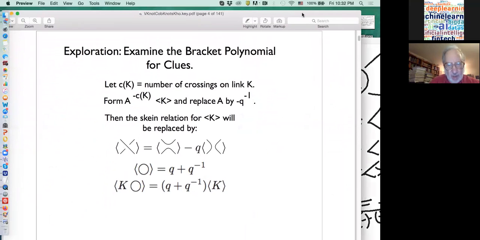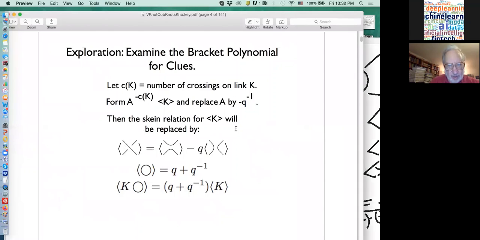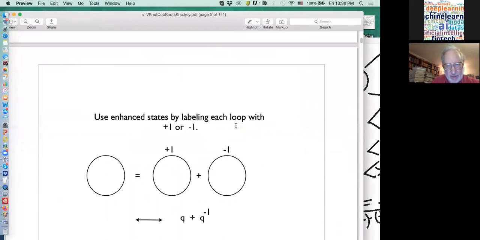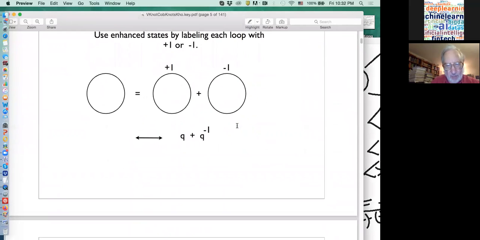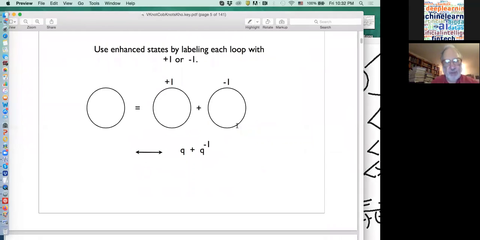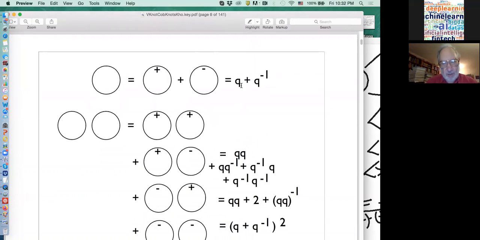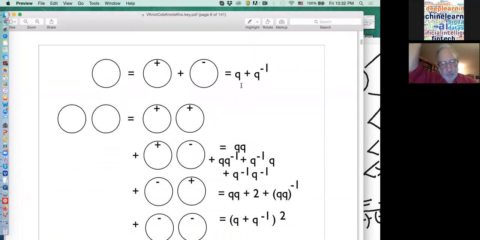And now I just need to tell you one last thing that is fun, which is this, that what we can do is we can label the loops by plus or minus 1. And then instead of thinking of this loop as having q plus q inverse as its value, you can think of it as being the sum of the loop labeled plus q and the loop labeled minus 1. And then all this works out for multiple loops.